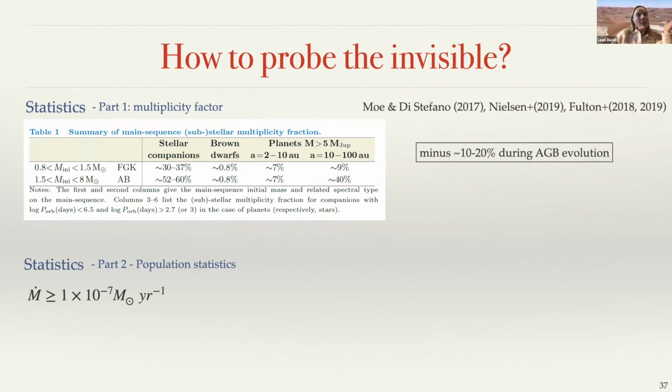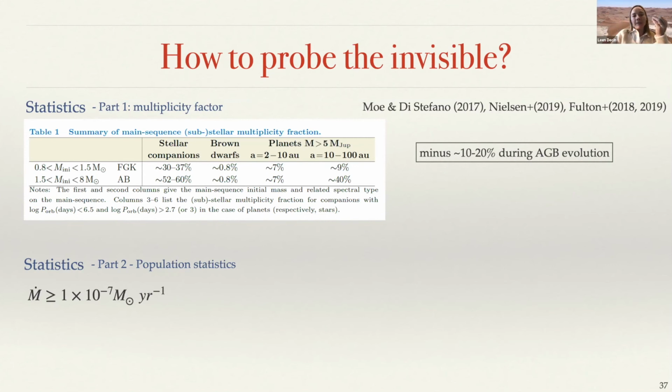Otherwise, our signal to noise is often too weak. But if you then use population statistics, for instance, if we look at our sun, when it becomes an AGB star, it will only very seldom be in a phase of having a mass loss rate above 10 to the minus 7 solar masses per year.